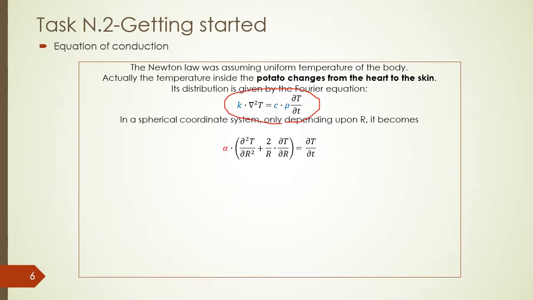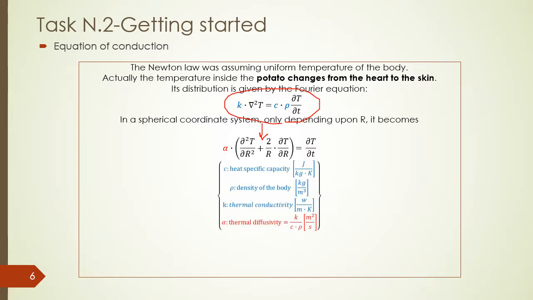Laplace operator of temperature equals C times density times the derivative of temperature over time. And in a spherical coordinate system, when the temperature is only depending upon radius, we can simplify the Laplace operator using this expression under brackets.